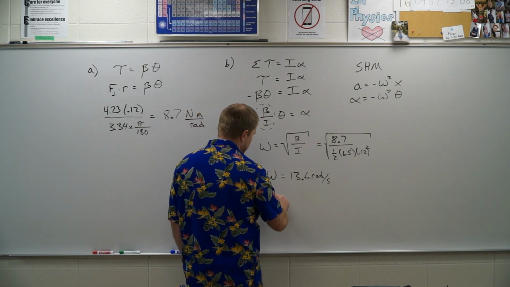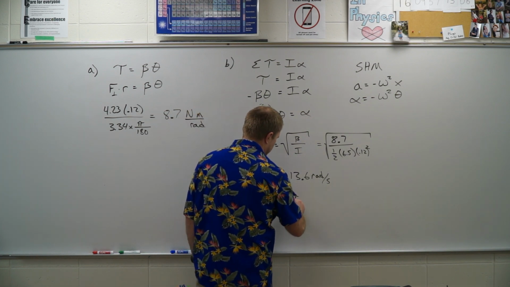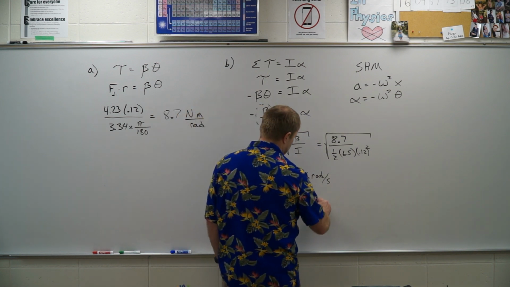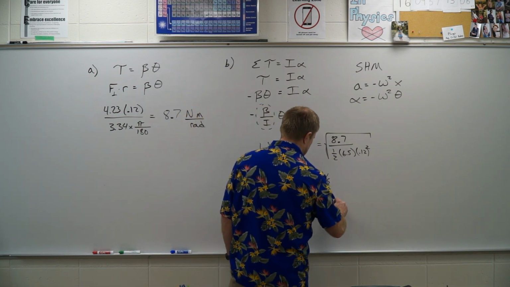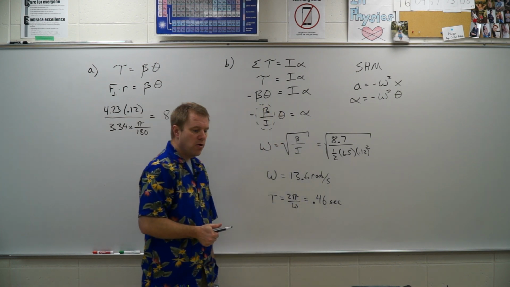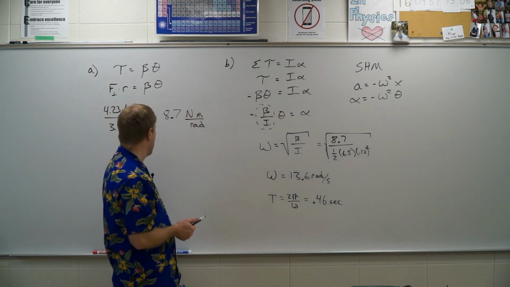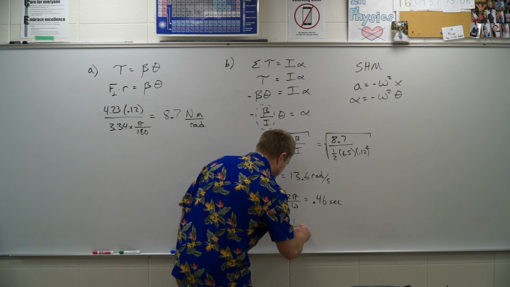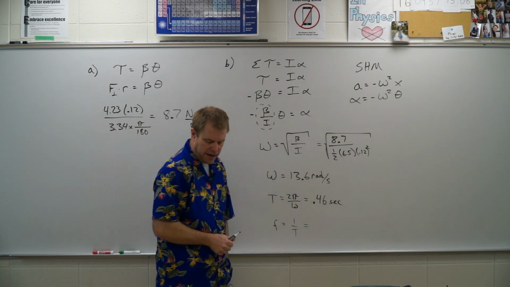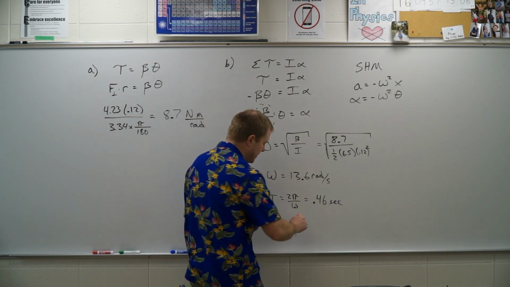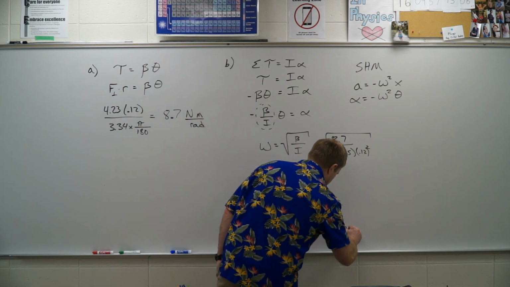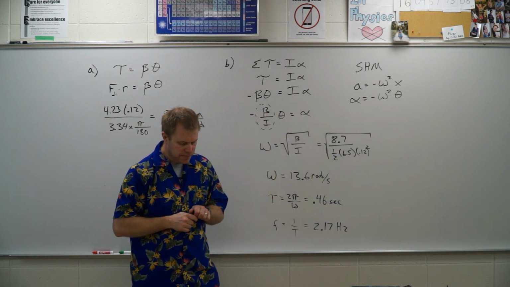To find the period, T is 2 pi divided by that angular frequency, and our period comes out to be 0.46 seconds. Lastly, the frequency is 1 over the period, and we end up with 2.17 hertz.